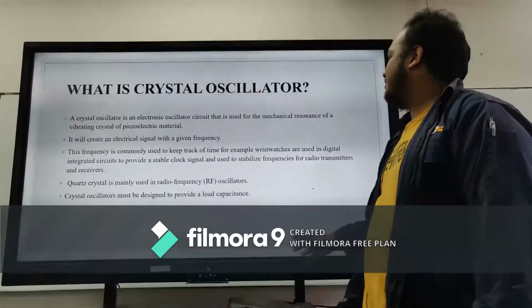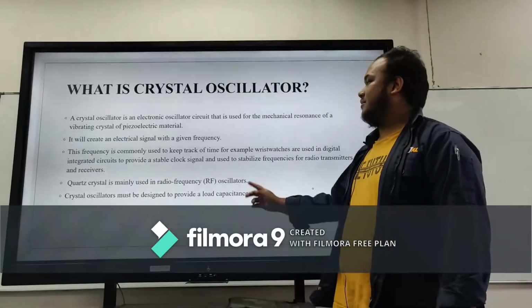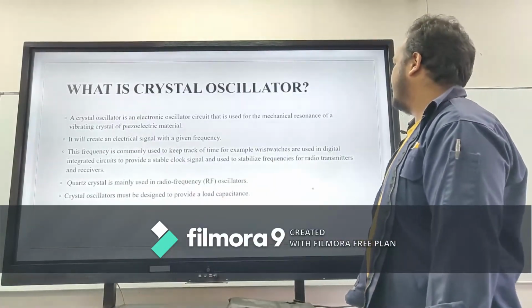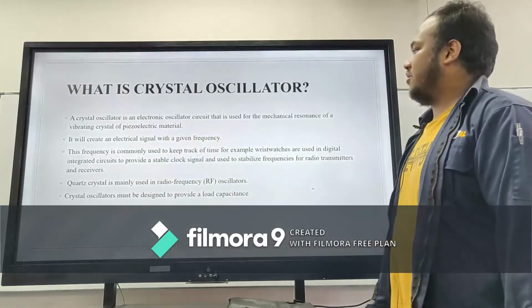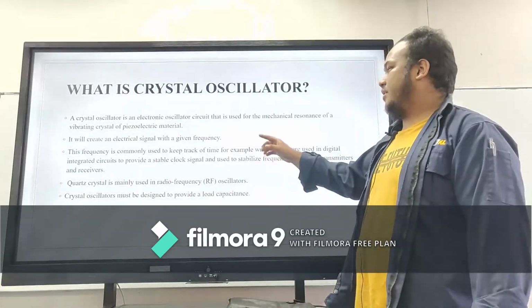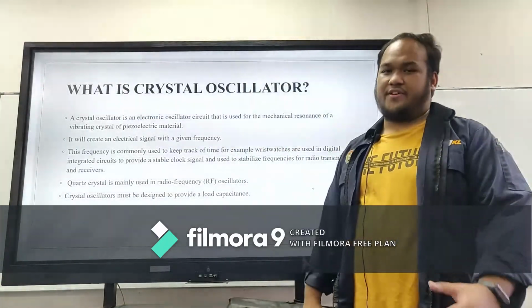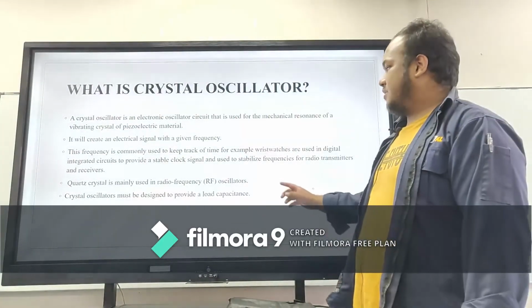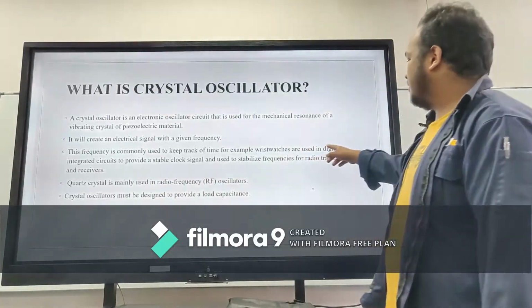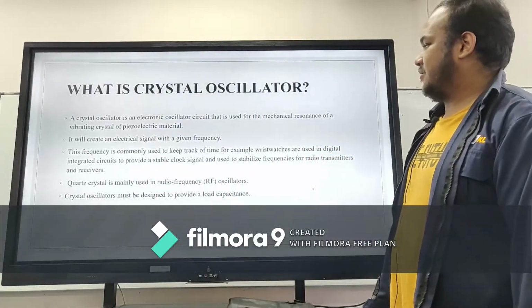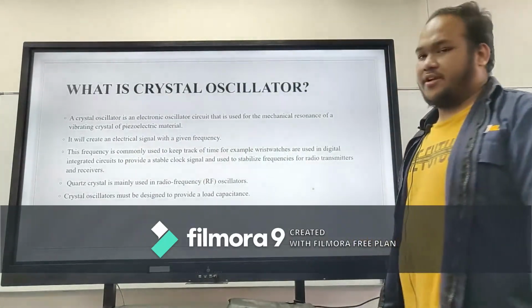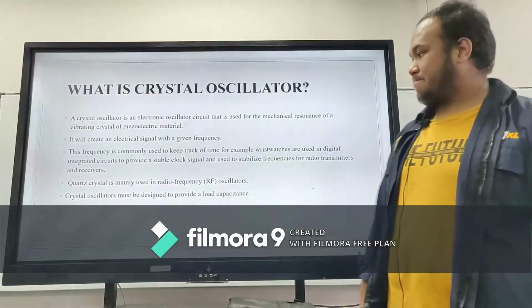First, what is a crystal oscillator? A crystal oscillator is an electronic oscillator circuit that uses the mechanical resonance of a vibrating crystal of piezoelectric material. Second, it will create an electrical signal with a given frequency. Third, this frequency is commonly used to keep track of time, for example in wristwatches, in digital integrated circuits to provide a stable clock signal, and to stabilize frequency for radio transmitters and receivers.